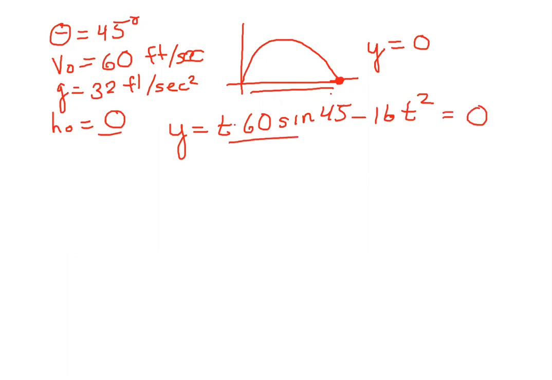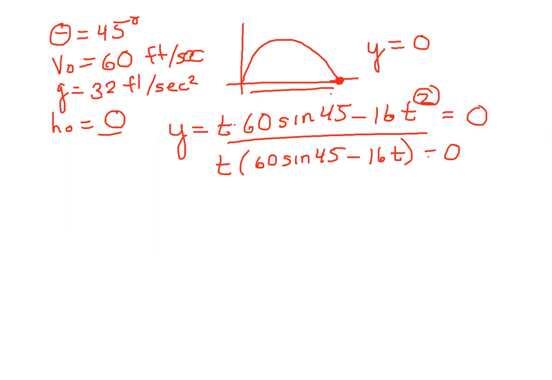How do we solve something like this? This is a quadratic. Usually we use factoring. When you have a quadratic with no constant term, we can factor out a t, and you get t times (60 sine of 45 minus 16t) equals 0. So either t equals 0 or t equals 60 sine of 45 over 16, which you put in your calculator.